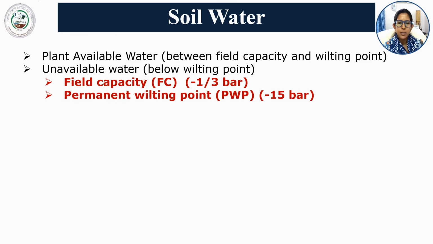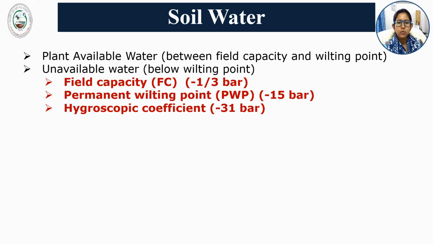The permanent wilting point refers to the water which is present at -15 bar, and the hygroscopic coefficient, that is the water mostly in the vapor form, at -31 bar. And the soil water between the field capacity and the permanent wilting point is generally referred to as the plant available water, whereas the water beyond the wilting point is the unavailable water.